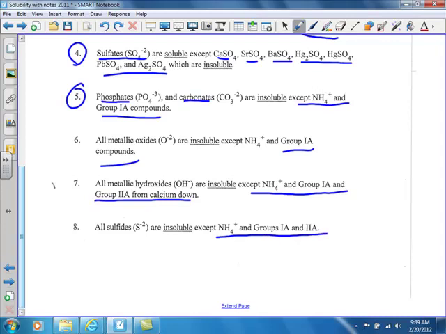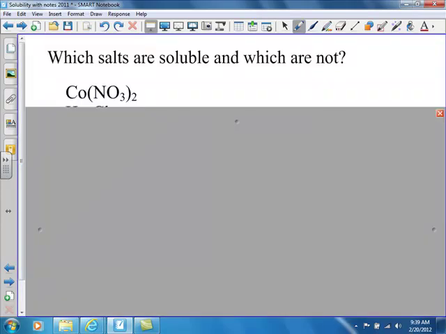This sheet is new to you now, but as you use it on the worksheet, you'll become familiar with these rules and learn how to use them. It just becomes a matter of practice. So we're going to look at which salts are soluble here and which are not.